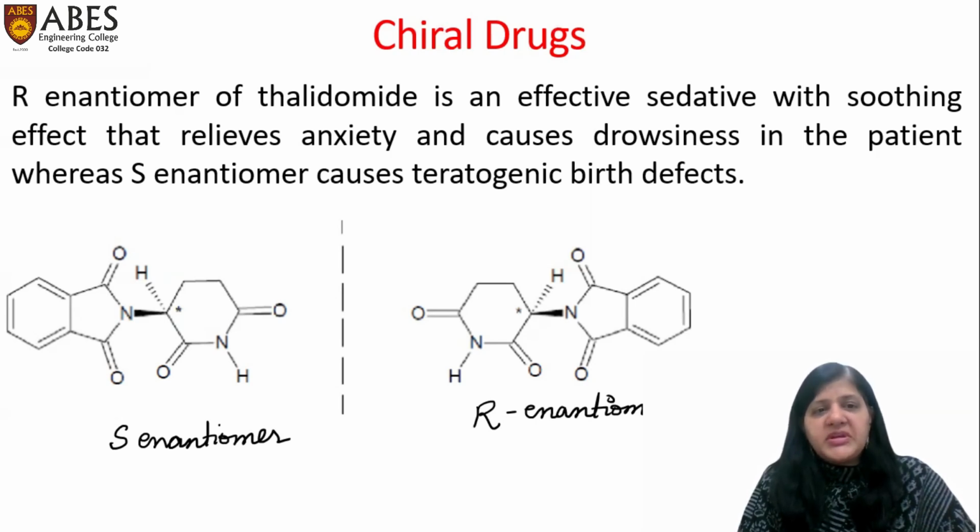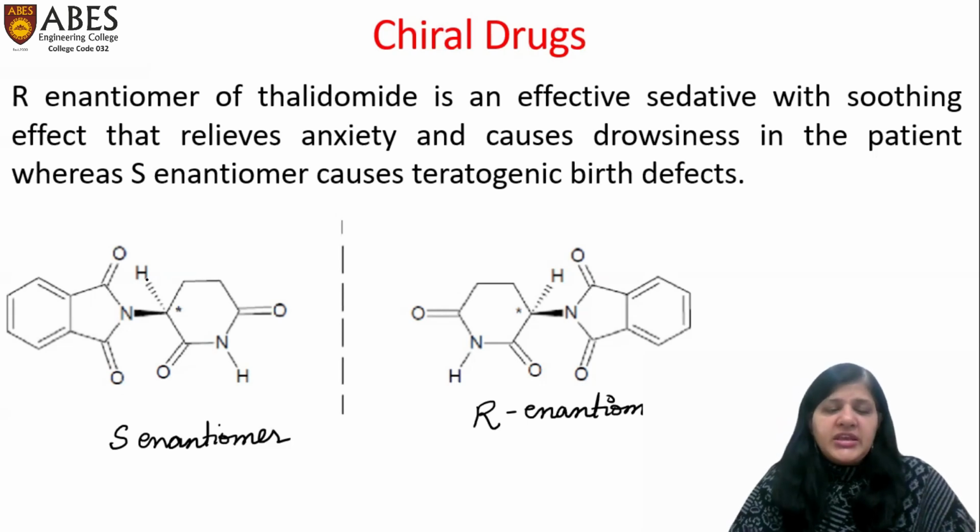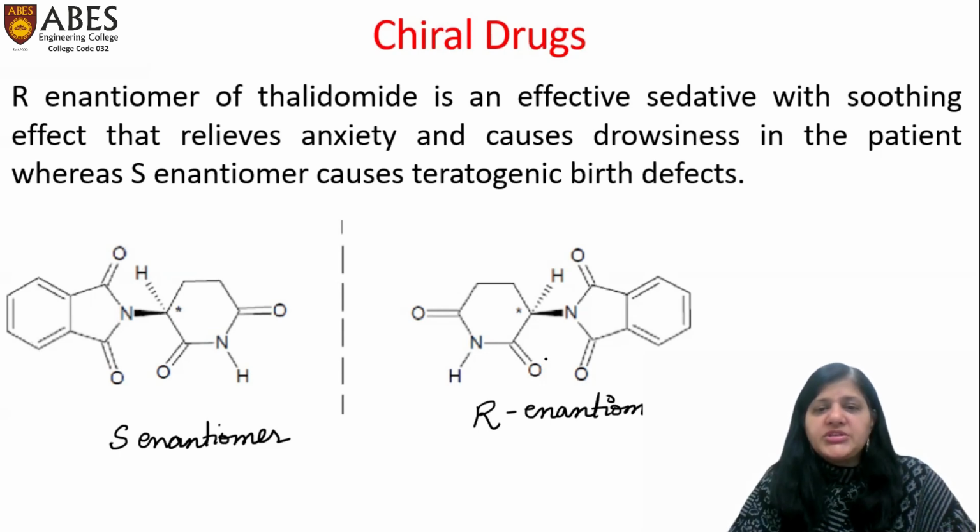It is not used as a medicine, and it causes teratogenic birth defects, where a child is born with deformed body parts, if this drug is taken as a racemic mixture. So the S enantiomer has an adverse effect on the human body, whereas the R enantiomer is used as an effective sedative.